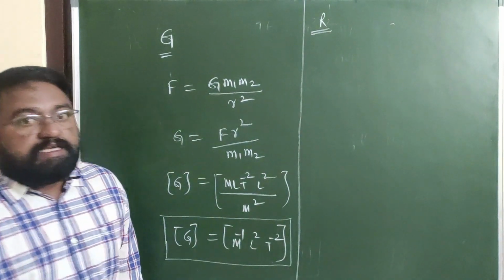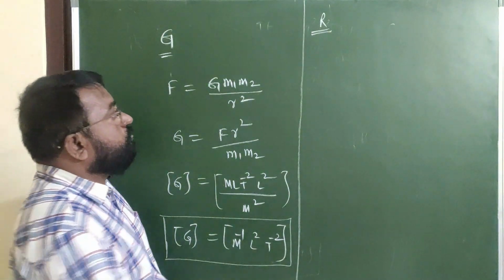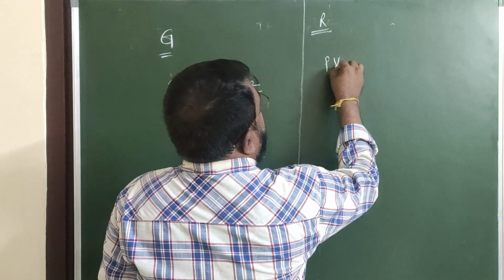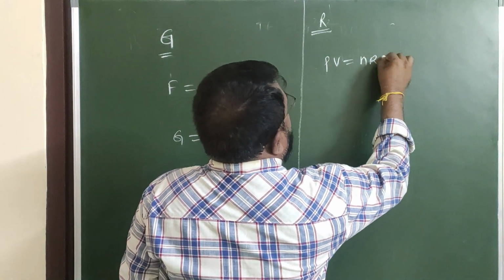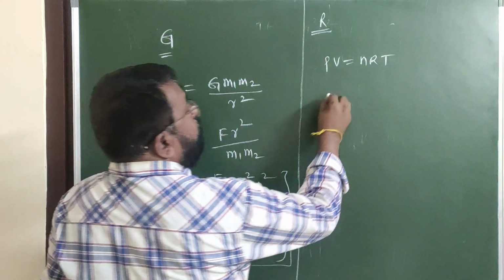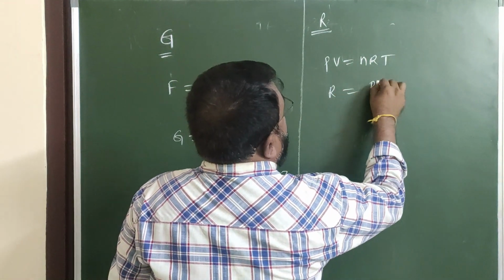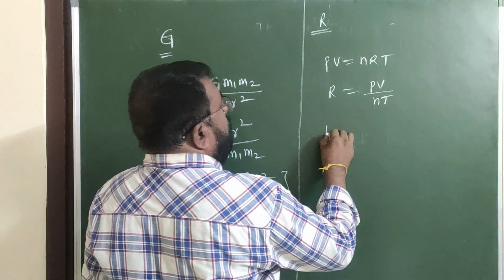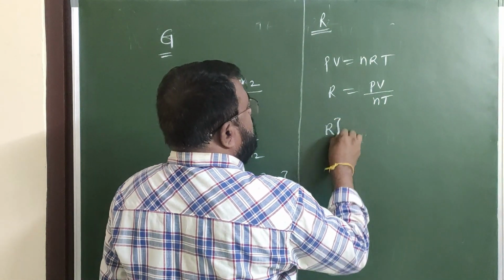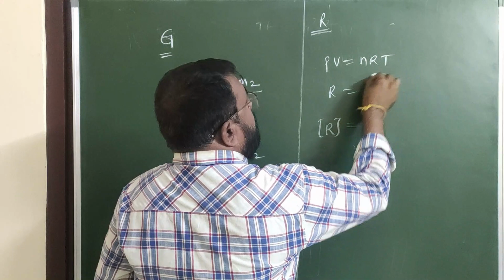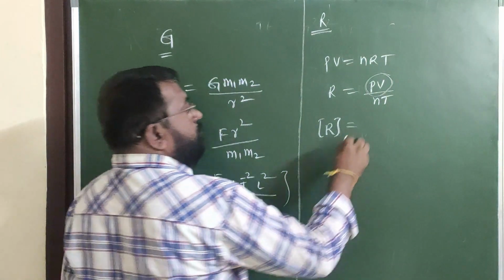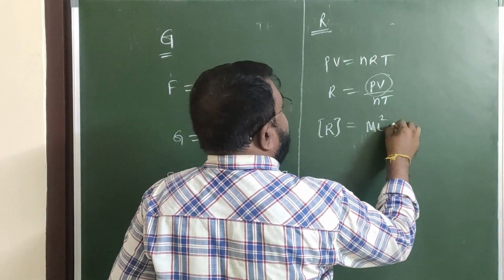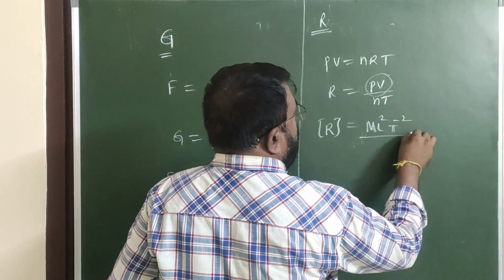Capital R, universal gas constant. For this one, PV is equal to nRT. R is equal to PV by nT. Therefore, R is equal to its dimensional formula. PV is nothing but energy. Therefore, energy M L square T to the power of minus 2.